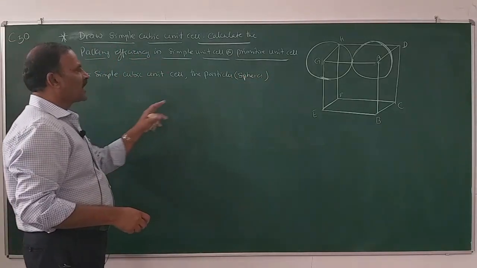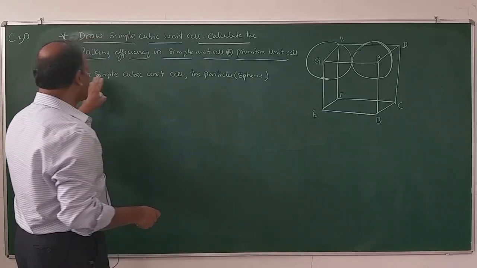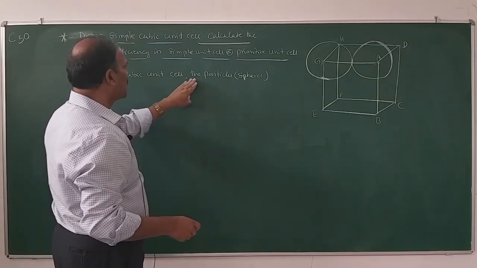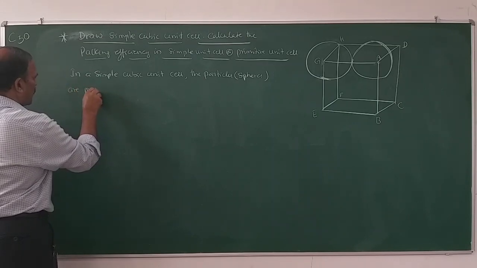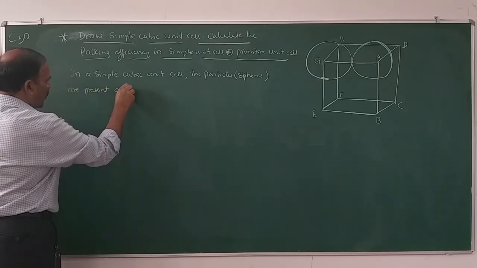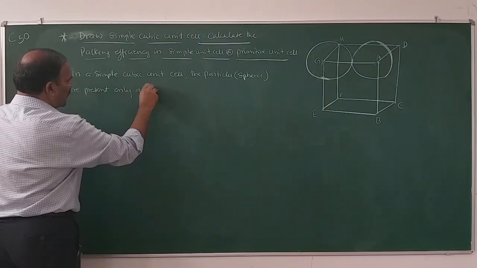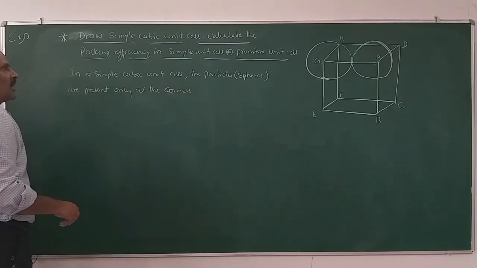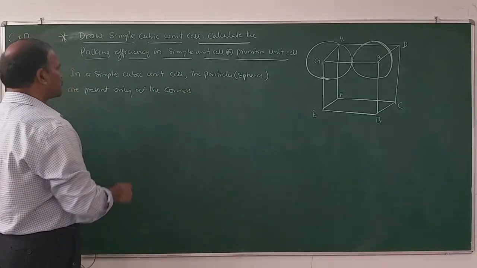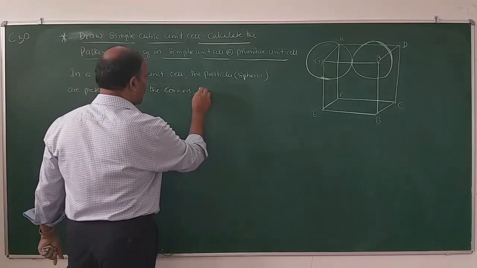Particles are considered as spheres. In simple cubic unit cell, the particles are present only at the corners. Only at the corners. This is the first point.